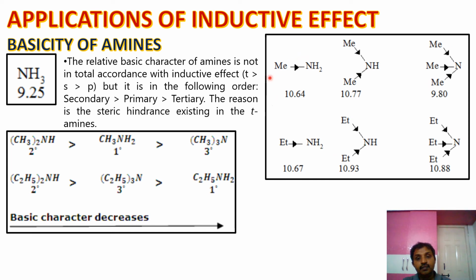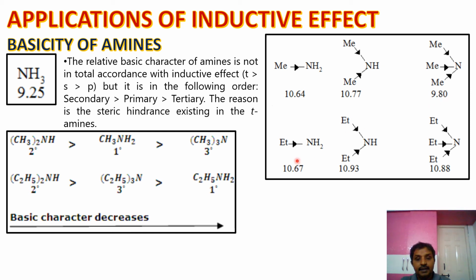Here, when only a methyl group is substituted on the nitrogen atom, it has a pKb value of 10.64. As the methyl groups are introduced, two methyl groups are there, 10.77. As the pKb values increase, the basicity increases. Now this one is very less basic in nature, 9.8.